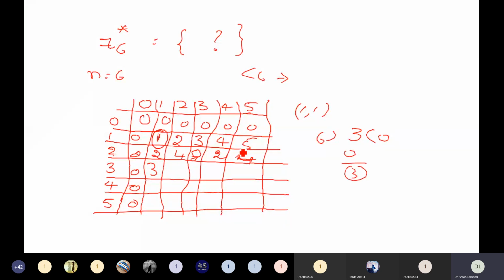So no need to calculate again. 3 twos 6, so 0. 3 threes 9, that is 3. 3 fours 12, 0. 3 fives 15, that is 3. Then 4 ones 4, 4 twos 8, 2, 4 threes 12, 0, 4 fours 16, 4, 4 fives 20, that is 2.